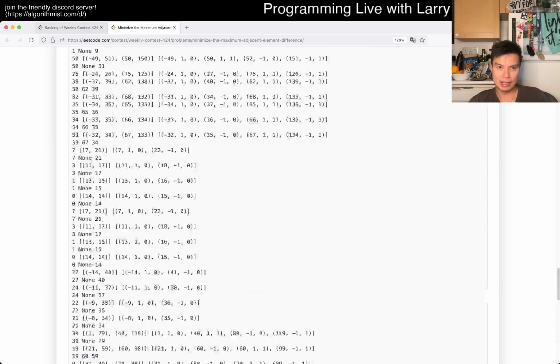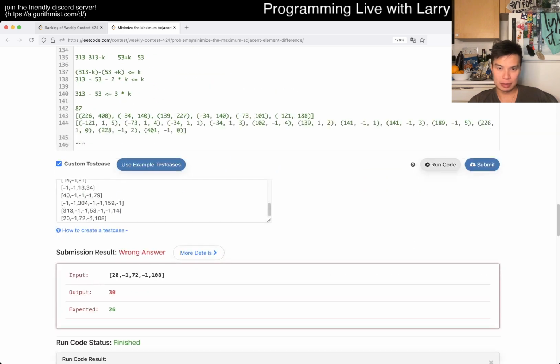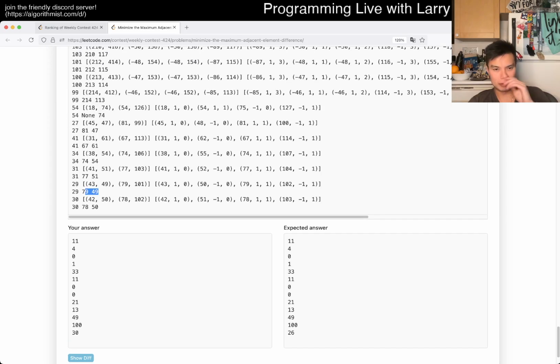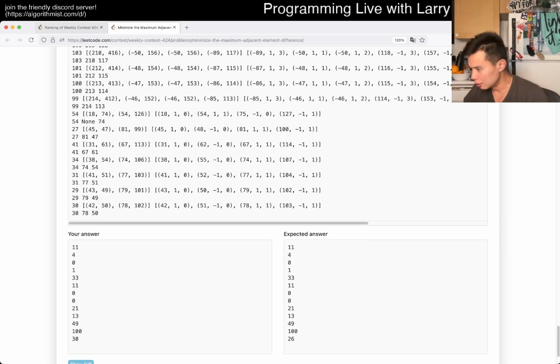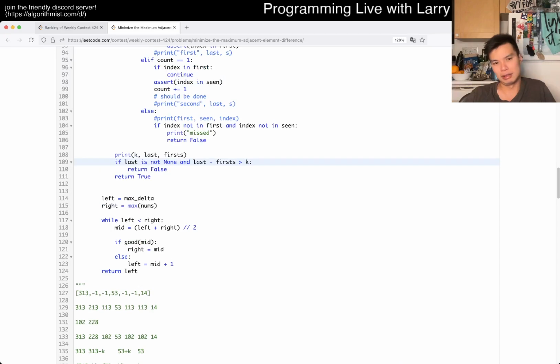Why? So on 29 it's 30. But then they're not adjacent, so that's why this doesn't really apply. That doesn't really make sense. Okay, I mean it makes perfect sense, but now I have to figure out how to handle this case.